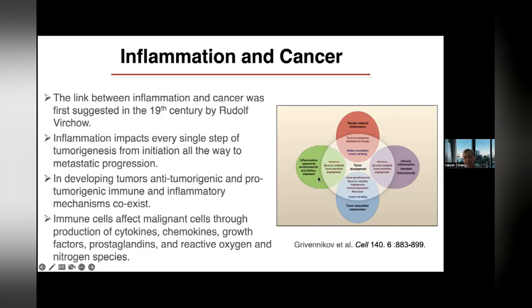For example, inflammation may come from diet, environmental factors, or exposure. Chemotherapy can trigger inflammation. There may be chronic inflammation, autoimmune disease, and it is also known that tumor cells can trigger inflammation as well.